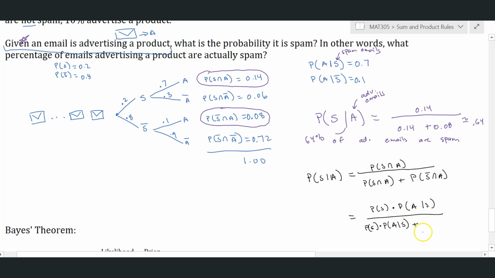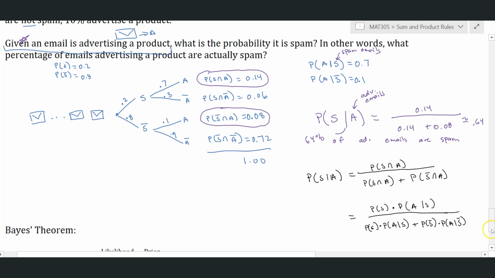Well, it was the probability that it's not spam, times the probability that it's advertising given that it is not spam. So we have that deconstructed quite well down to the probabilities that we are actually handed.